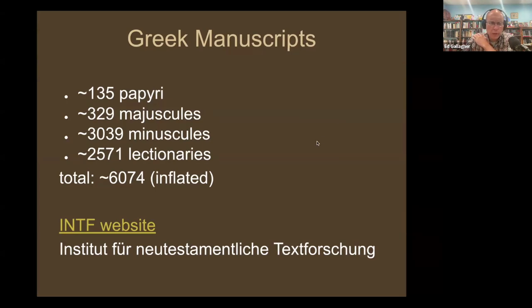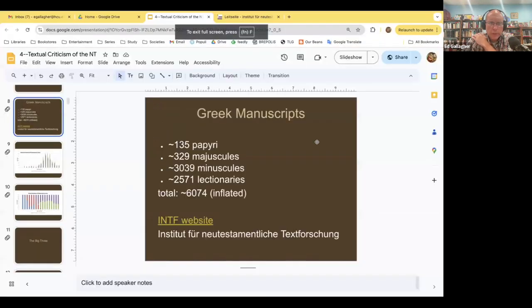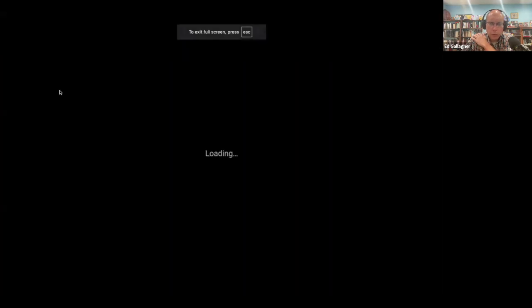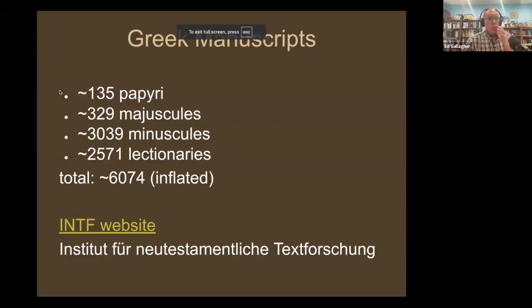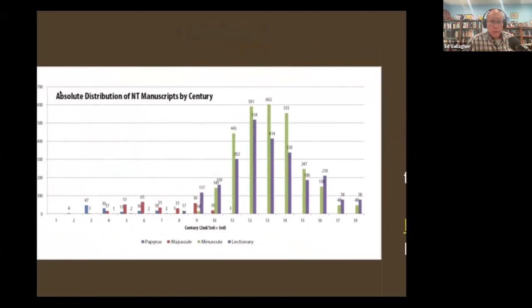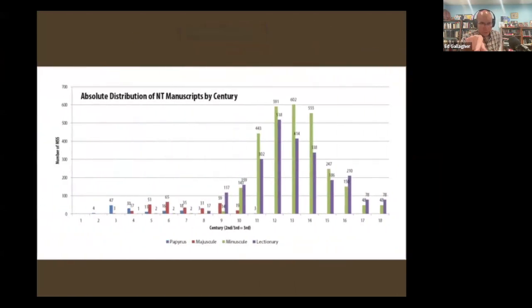All right, but let me go ahead and look at these charts. And then we're going to go to the INTF website. So this is a chart I stole from Peter Gurry, who put it up on the Evangelical Textual Criticism website, that blog, and it gives us an idea of when our manuscripts are from.